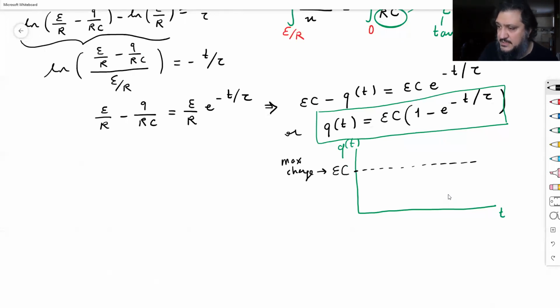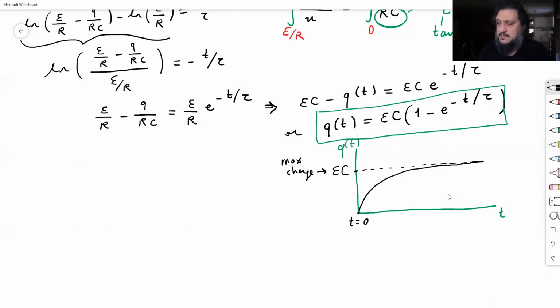And this function, okay, you have an exponential decay, but the negative sign is going to go like that because it's subtracted from 1. You shift a little bit, so you get this. Okay, that is your function. Starts with 0 and reaches that maximum charge.